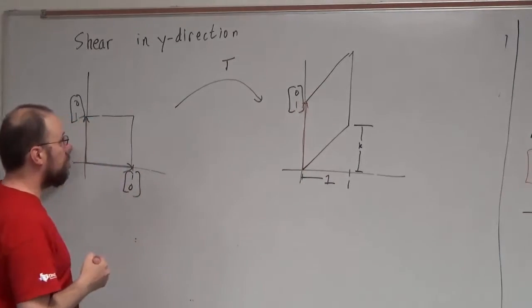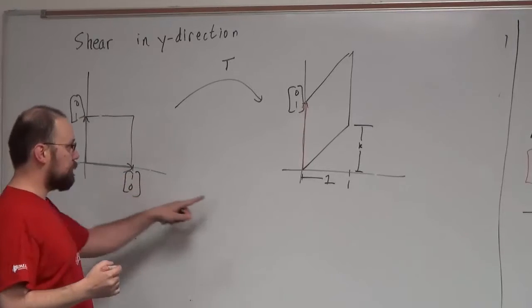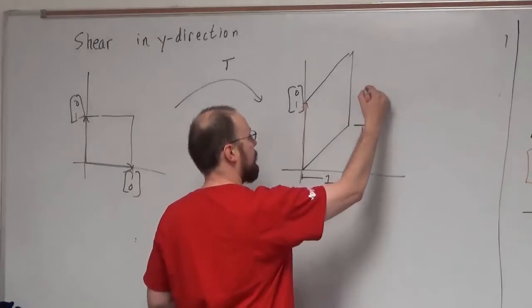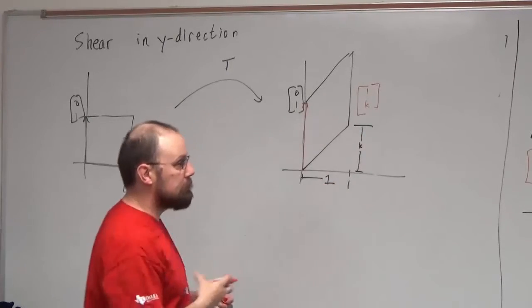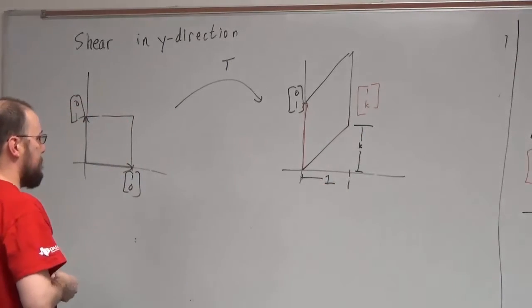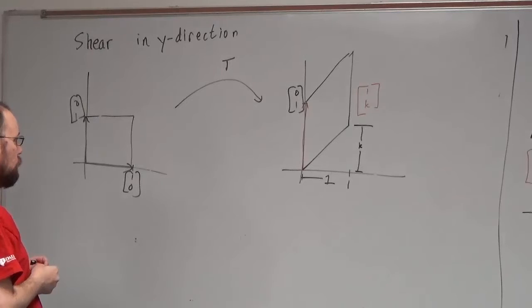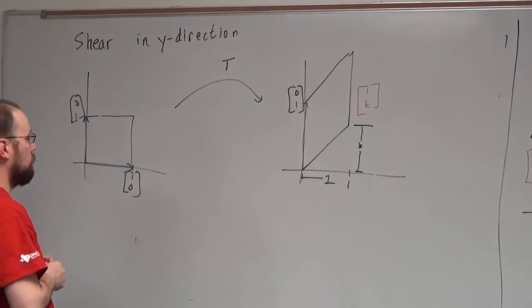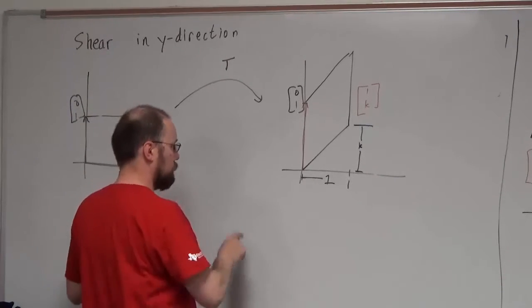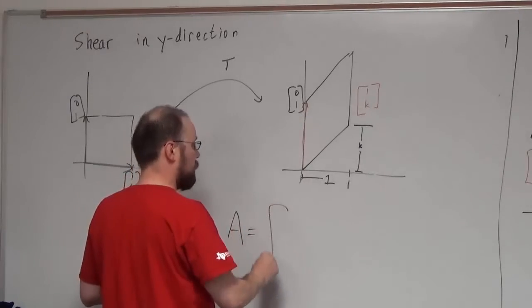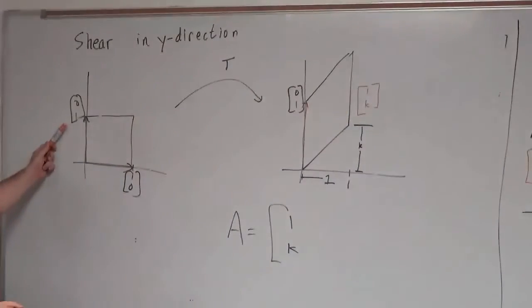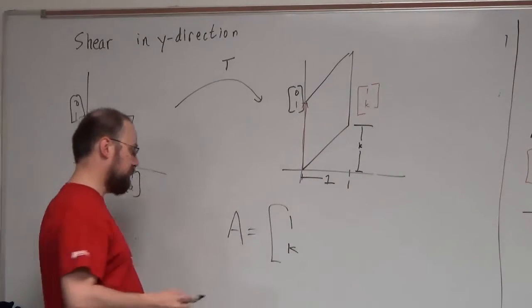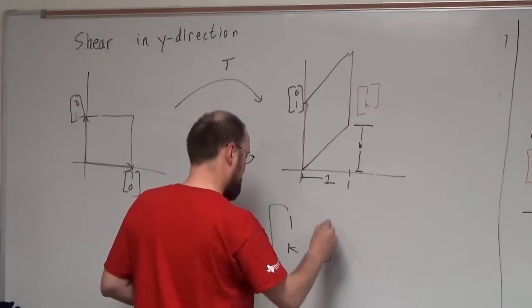Okay. So 1, 0 is mapped to the vector 1, k. The first column becomes 1, k. E2 gets mapped to itself.